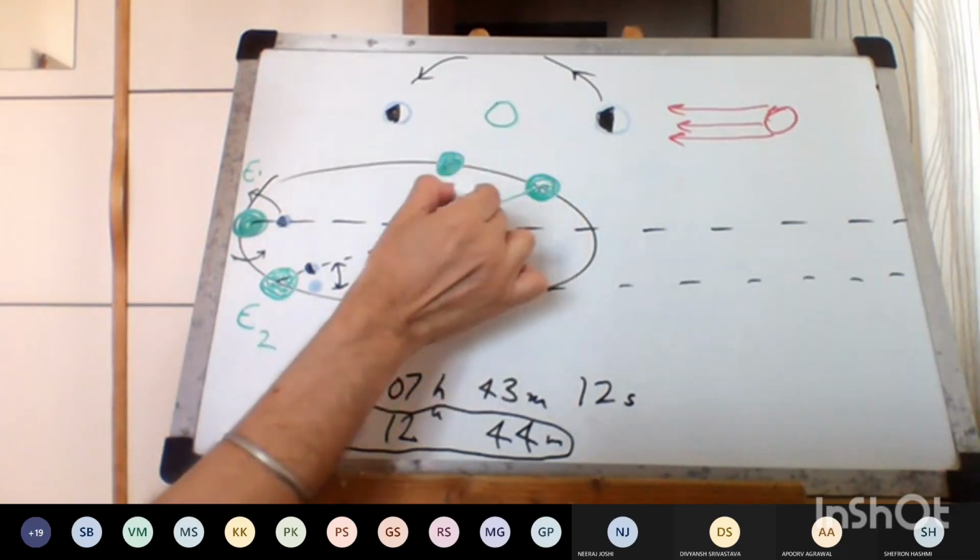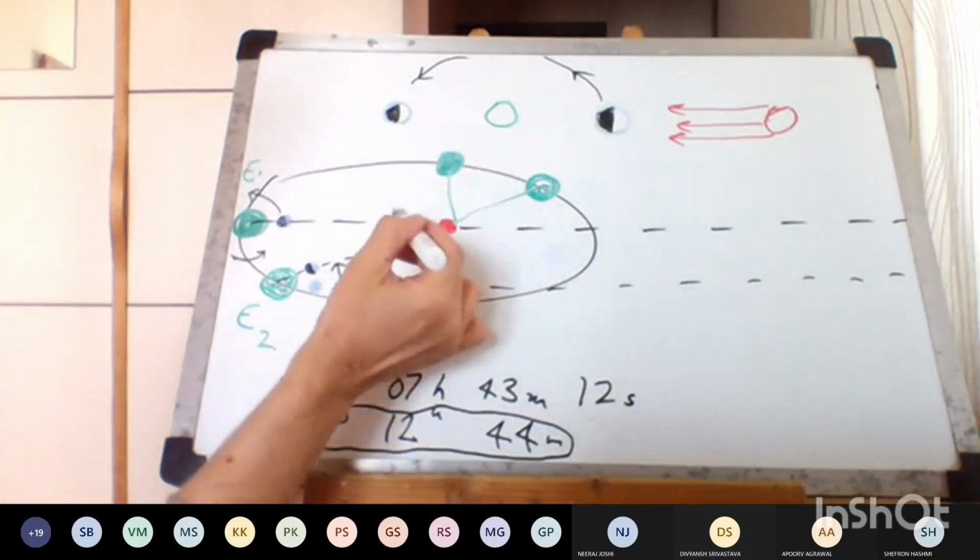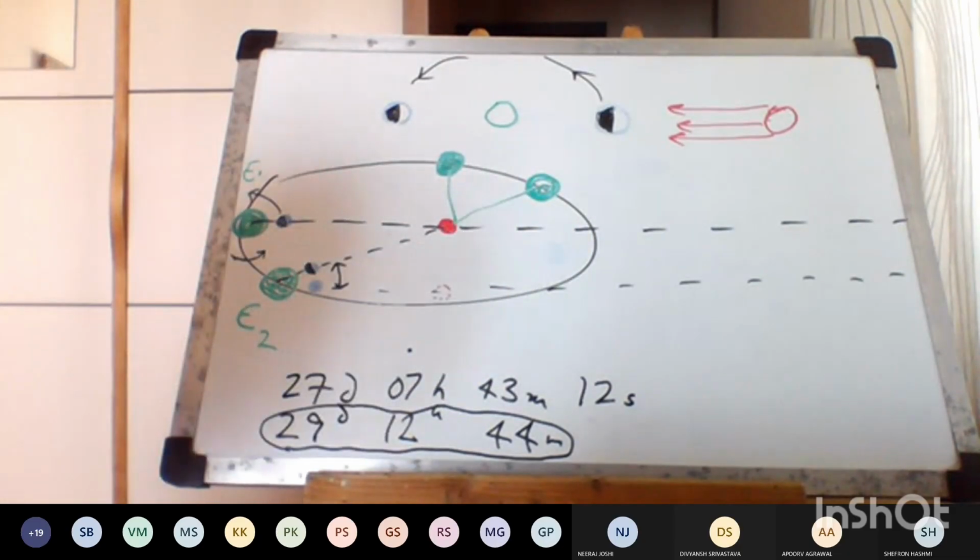Then this angle is much bigger than this angle. Yes or no? We spoke about angular velocities. So there may be some periods where the synodic period will be slightly variable.